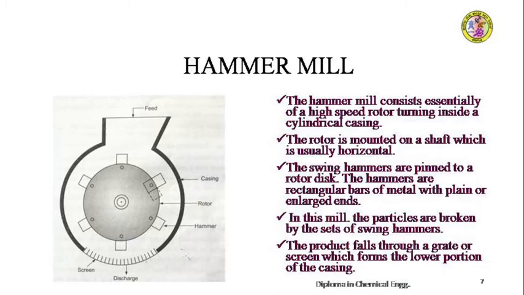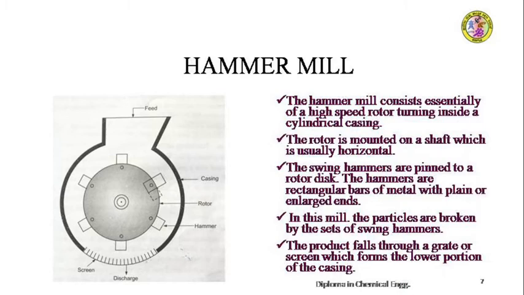So the particles are mainly broken here by the swing hammers, a set of swing hammers. After having gone to a reduced size, the particles will fall down, and from the bottom there is a screen from where they get discharged as product. Look at the diagram again.